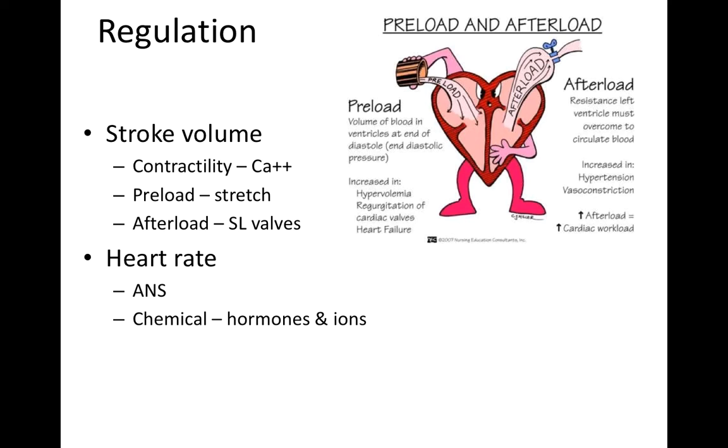So both sides of our cardiac output equation have multiple components that lead into them. And when we begin to look at blood pressure, we're just going to go over all of this again. So we're going to see this in play and really begin to put together the pathways and the mechanisms.